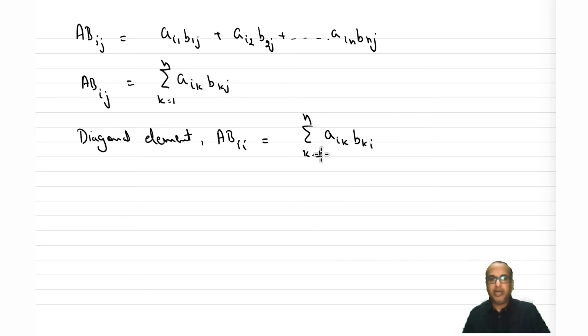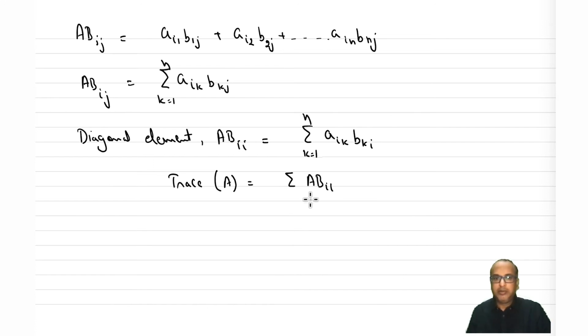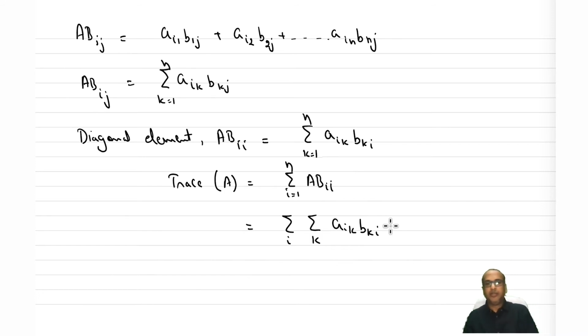This will be my diagonal element. Now trace of AB is equal to the summation of diagonal elements where I goes from 1 to N, so I can say summation over I of summation over K, AIK BKI, right? Double summation of AIK and BKI.